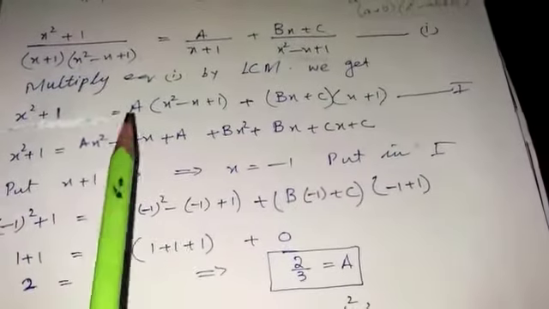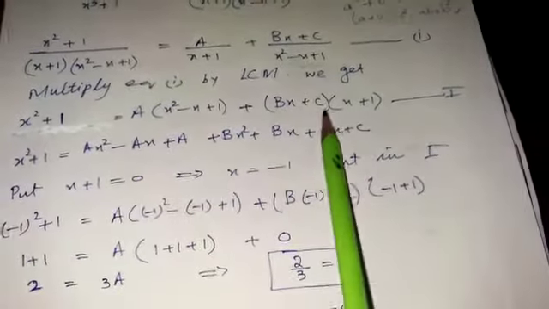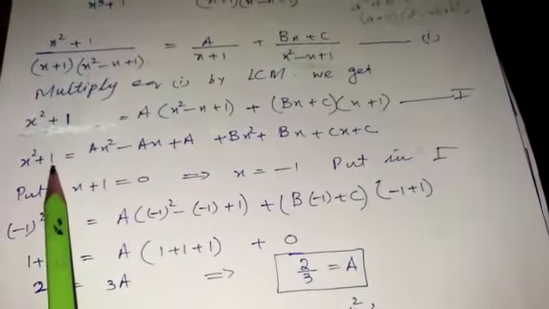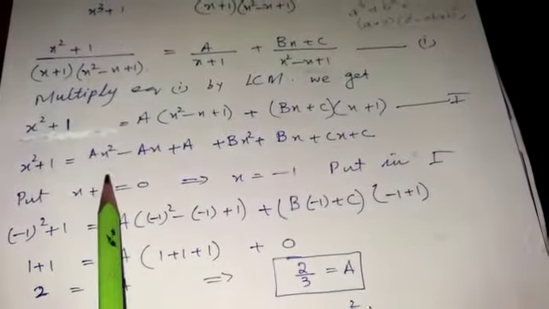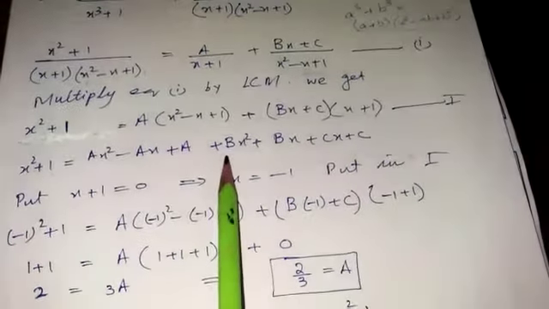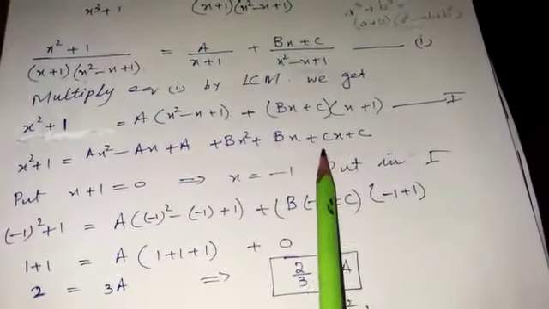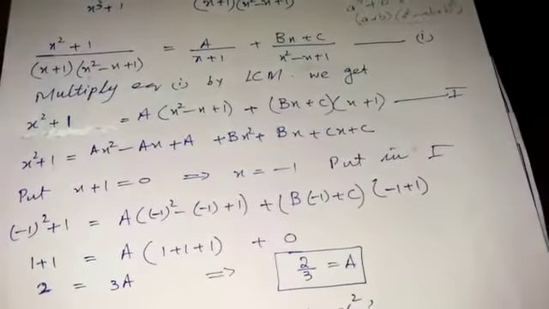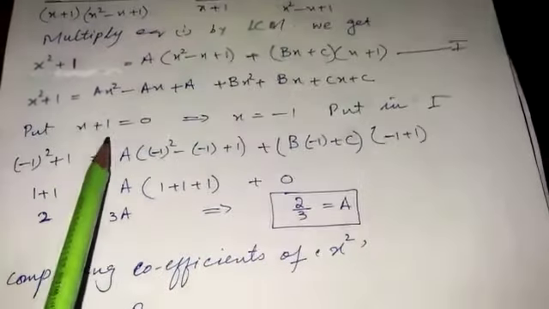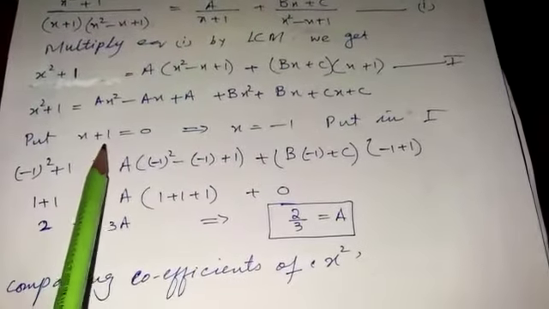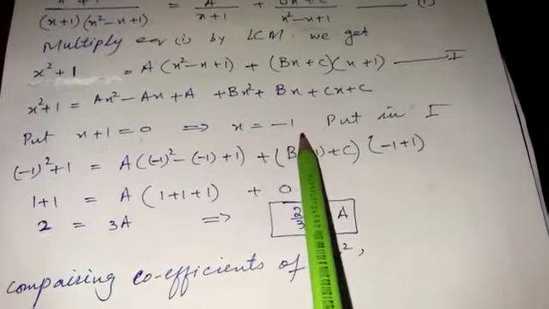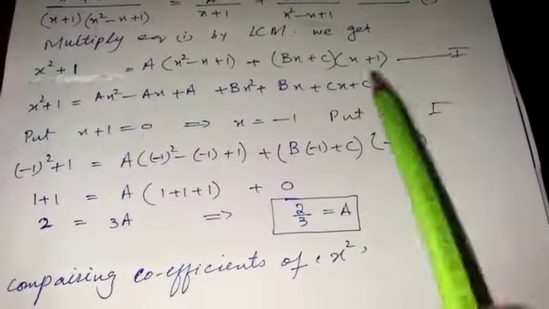Now we get this identity, and by expanding this identity we get x square plus 1 equals ax square minus ax plus a plus bx square plus bx plus cx plus c. Now we will apply the zeros method for the linear factor and put x plus 1 equals 0, so x equals minus 1 in the identity.